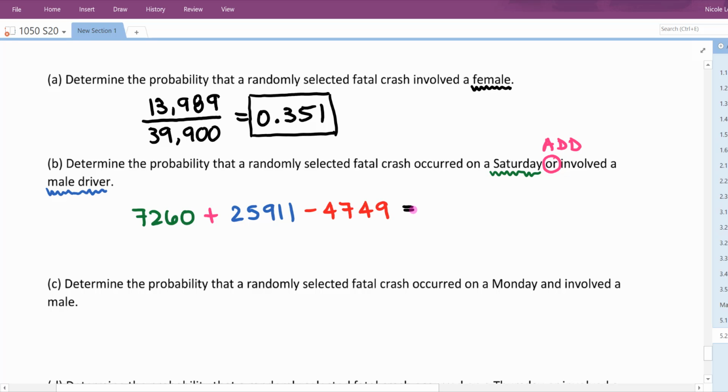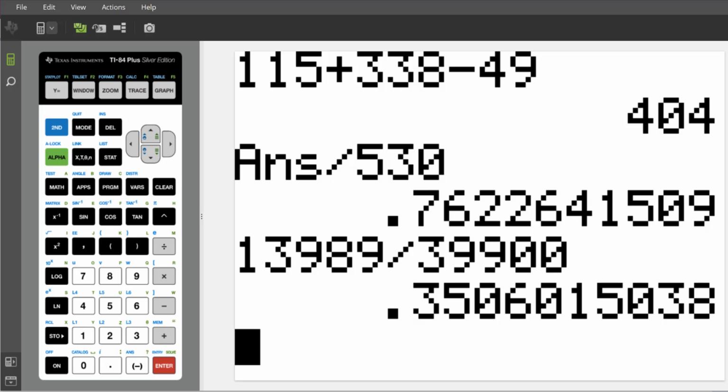And then let me just give you this number. So if we add and subtract all of this in our calculator, we end up getting 28422, which we would have to divide by our total of 39,900. And then let me go ahead and type this into the calculator to see what we'll get as our decimal answer.